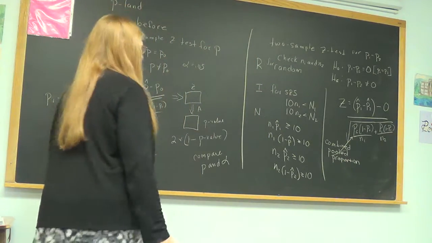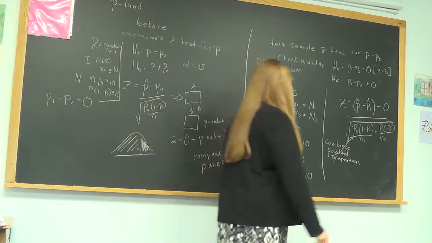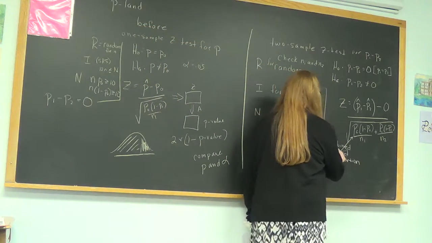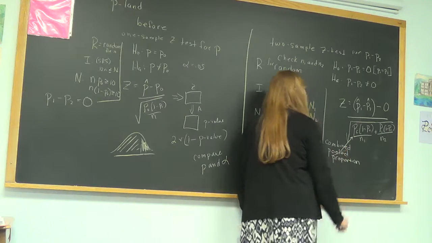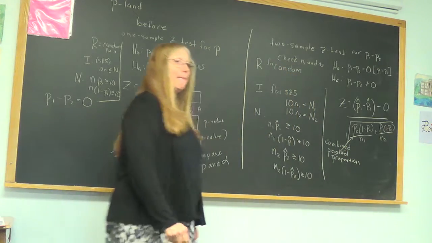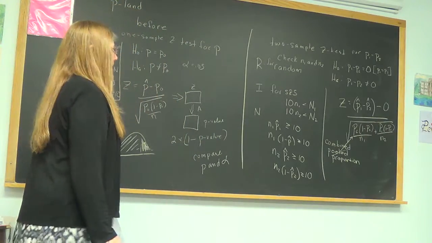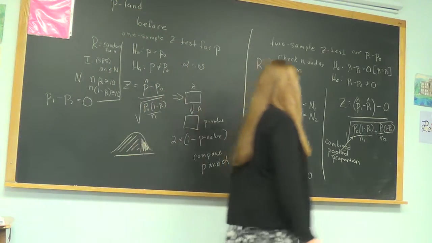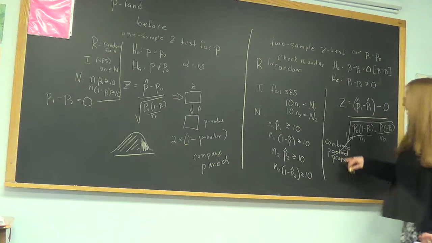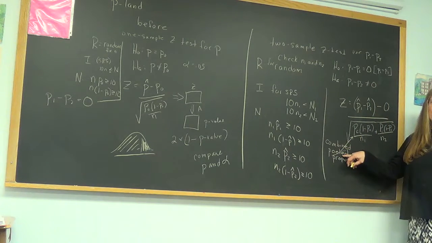Why is it spelled like a pool? That's how it is, pooled. That's like carpool, not like pooling and pushing, it's like jumping in a pool. It's like when you push your friend in the pool and you say, you got pooled. Technically its name is pooled proportion, but I think of it as combined proportion.